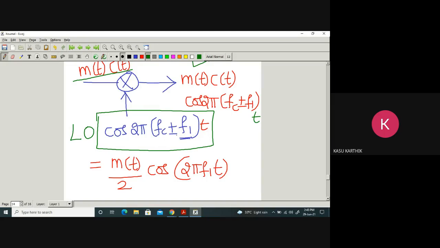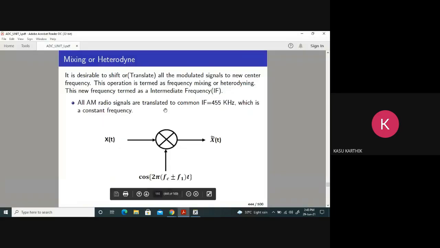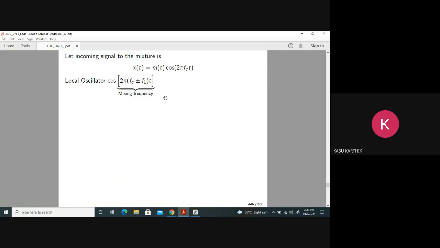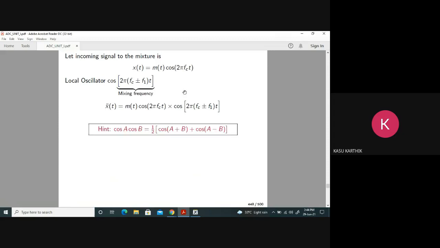Please remember, the incoming signal is M of t into cos 2 pi Fct. I am not writing AC here, it's okay. The local oscillator is cos 2 pi (Fc plus or minus F1)t. That is called the mixing frequency.